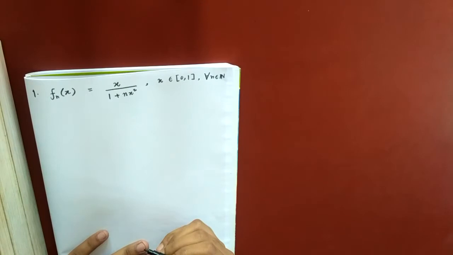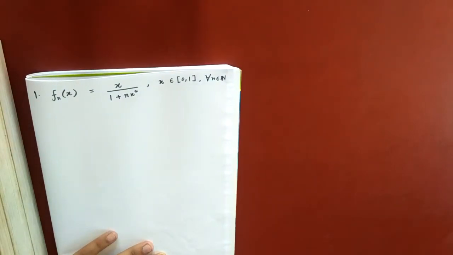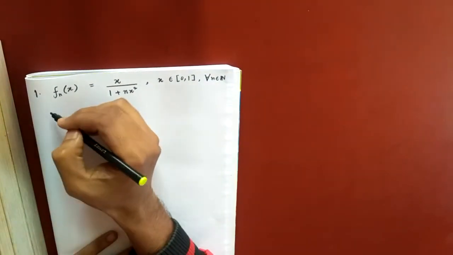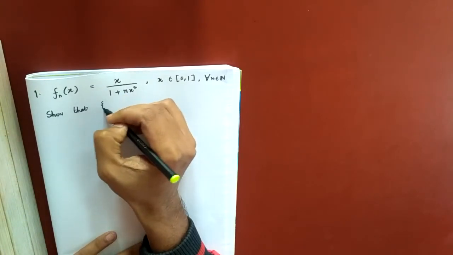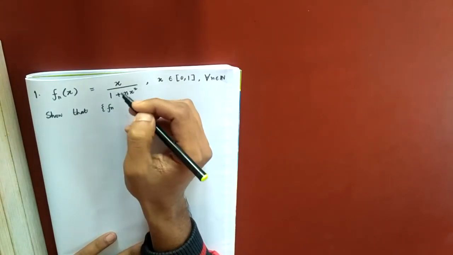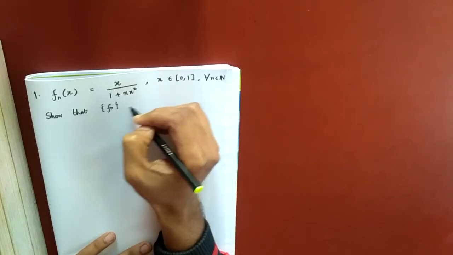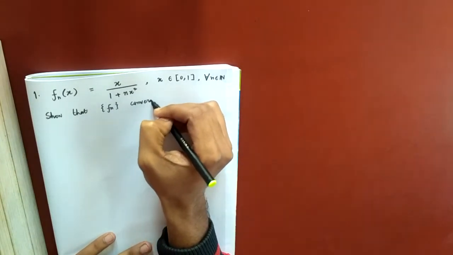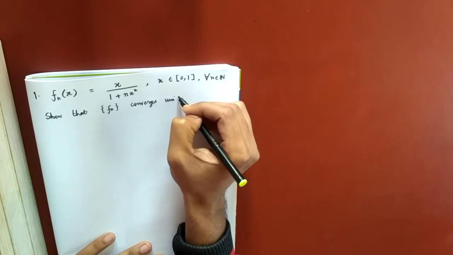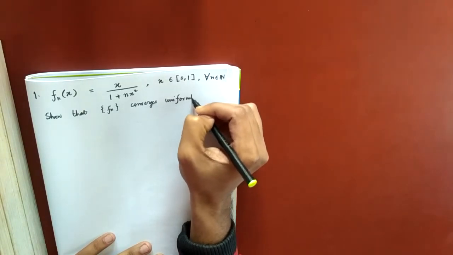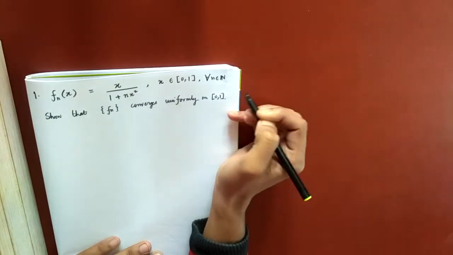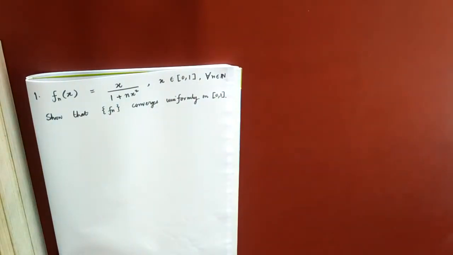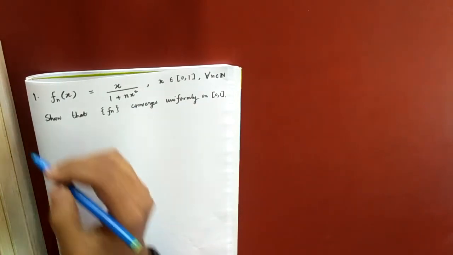So I have f1(x), f2(x), f3(x) and so on. Show that this converges uniformly on this interval 0 to 1. So on 0 to 1, this sequence of functions will converge uniformly.